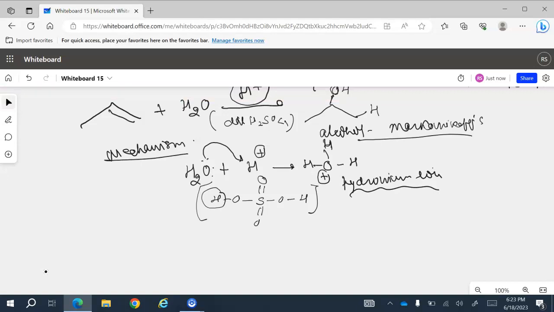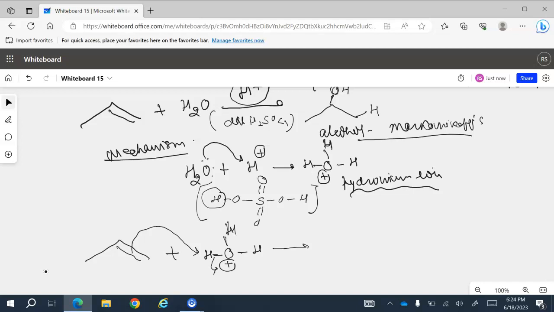This can act as a strong electrophile to add across the double bond. Now let us use an unsymmetrical alkene, because we are also trying to learn about the Markovnikov rule. We use the hydronium ion with the plus. Now this double bond will grab the proton, and this plus charge will be neutralized by breaking this bond.